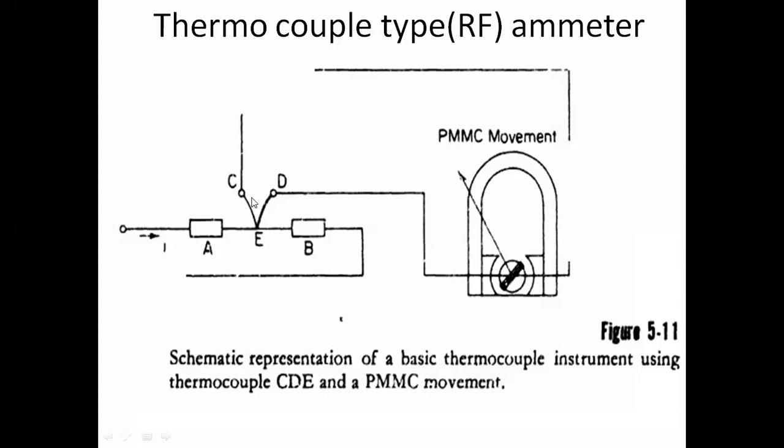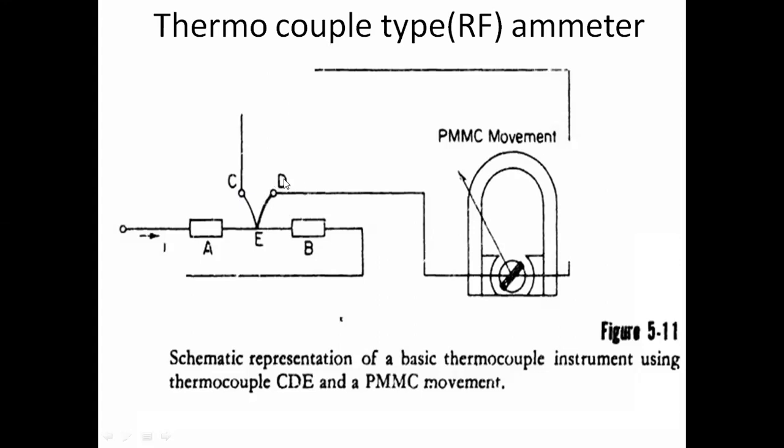Again this will form a junction. Because this is metal and this is also metal, this forms a junction. So by some external temperature, voltage will be produced. Similarly, this copper wire is connected to this metal, and this will form another junction. And due to that, what happens?